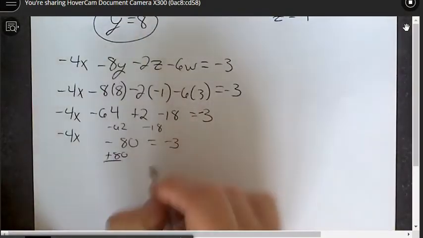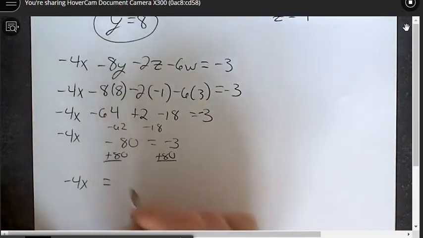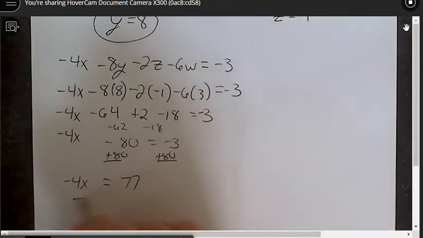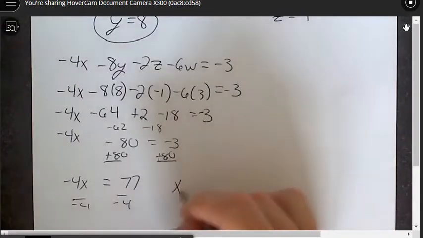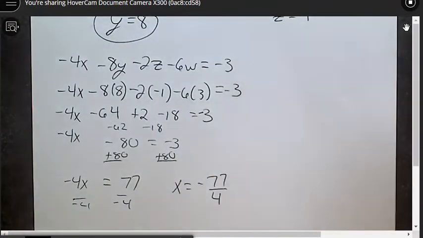Adding 80 to both sides. It's negative 4x equal to 77. And dividing that out, that's not going to come out to be a whole number. In that case, you should be allowed to just leave that as negative 77 over 4, because that will not simplify for anything. So that would be your x value.